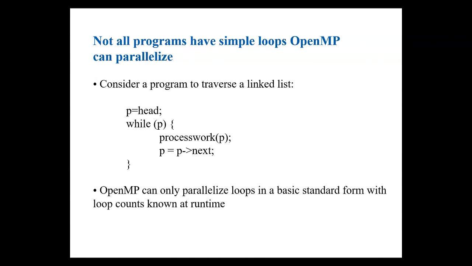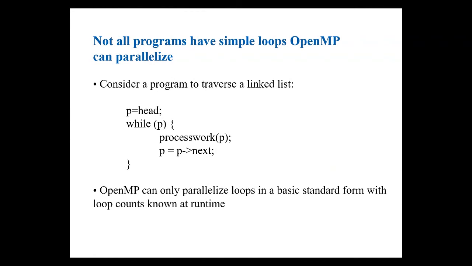So on the programming side, we always start from the head, and then we use a while loop to do whatever work needs to be done on that list, and it keeps moving to the next until the end of the list.